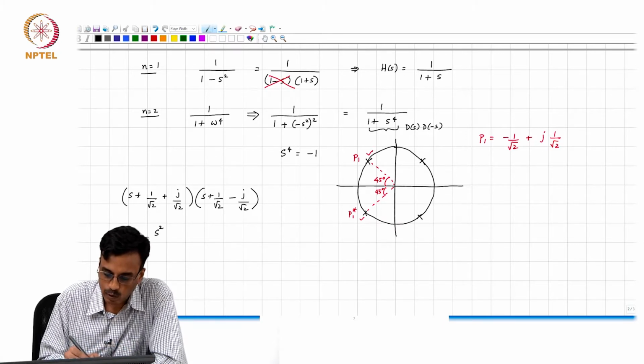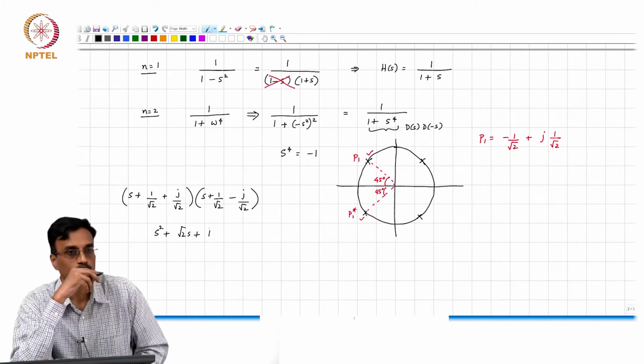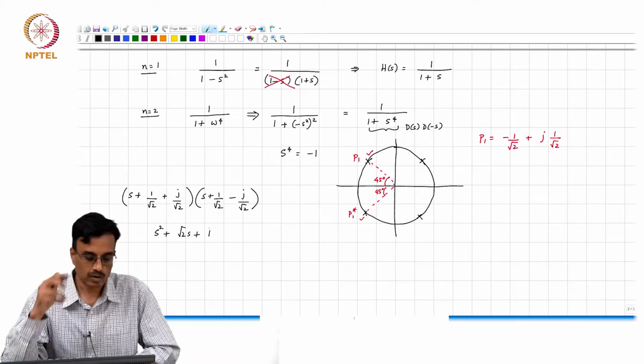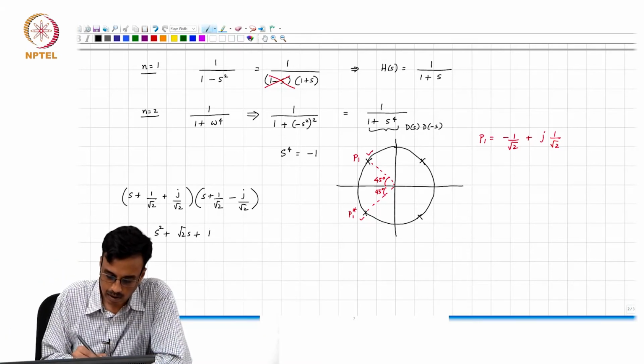This is nothing but s square plus root 2 s plus 1. All right. So, this is d of s.